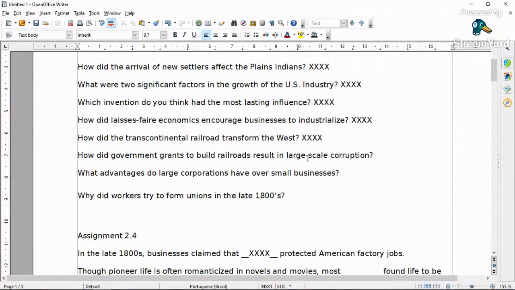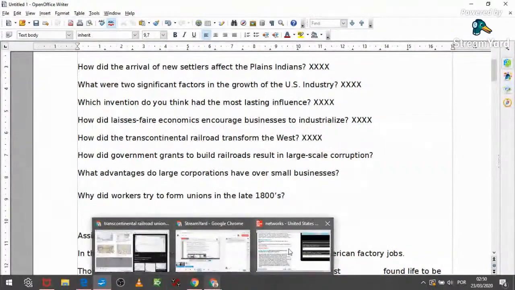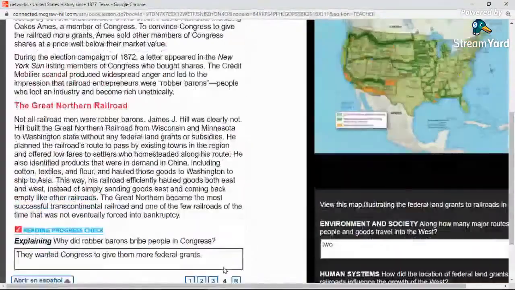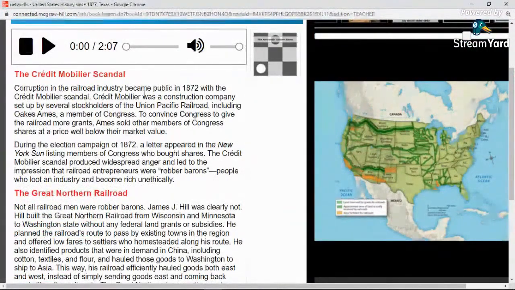Okay. So how did the government grants to build railroads result in large-scale corruption? Uh-oh, we're going to get to corruption in just a little bit. And we have the Credit Mobilier scandal.